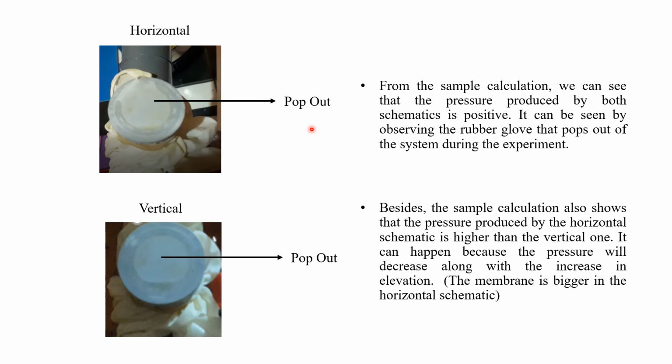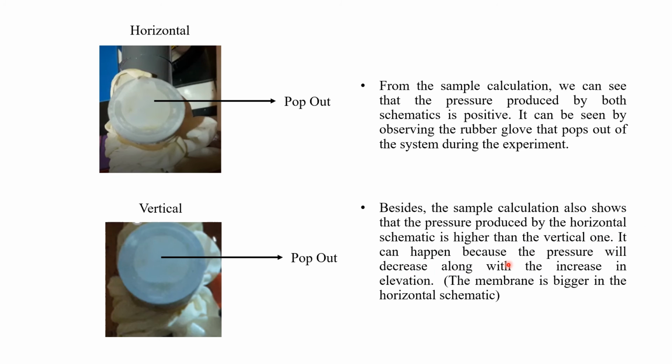Just to make everything clear, I will repeat what I have said in the previous slide. From the sample calculation, we can see that the pressure produced by both schematics is positive. It can be seen by observing the rubber glove that pops out of the system during the experiment. This is the pop out side of the horizontal, and this is the pop out side of the vertical schematic. Besides, the sample calculation also shows that the pressure produced by the horizontal schematic is higher than the vertical one.